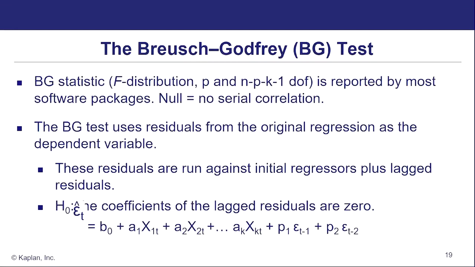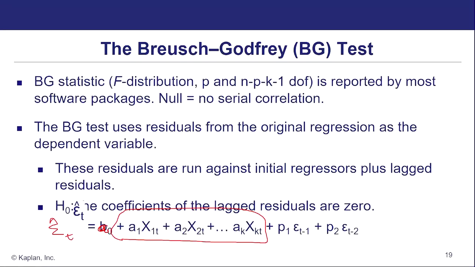Under the BG test, what you do is you use the residuals as your dependent variable, your y variable. And notice I have my x's as my independent variables, the original raw data, same x values here.